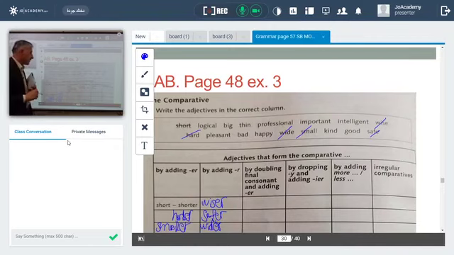Okay, by doubling final consonant and adding ER. Sometimes we need to make it double, the last letter. Then we need to add ER to this adjective. Look at these adjectives and try to think and tell me.